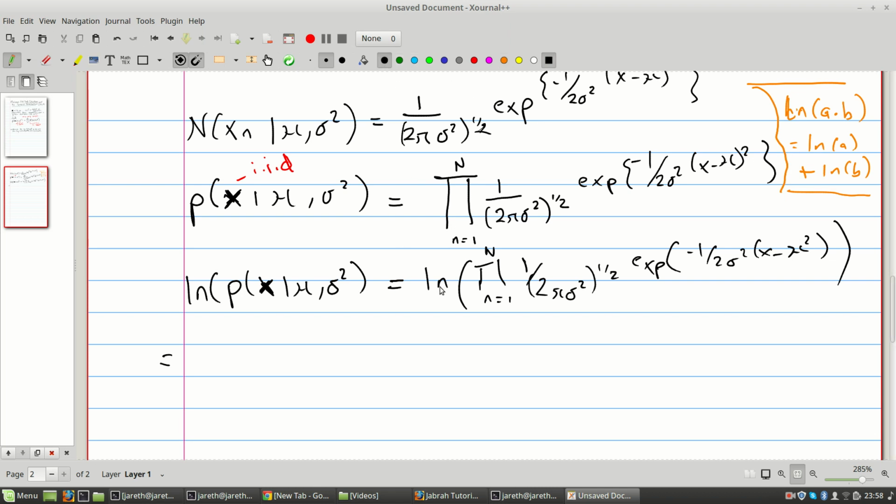So instead of writing this as the ln of a product, we can write it as the summation of the ln's, based on this rule.